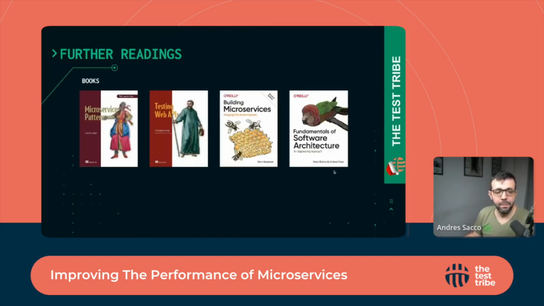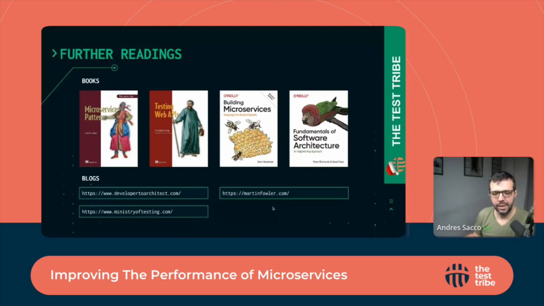And here are some books that you can read for this kind of problem, and some blogs connected with testing and this kind of problem. Again, most of the things can be detected with different kinds of testing. Like with chaos engineering, most of these problems you will detect.